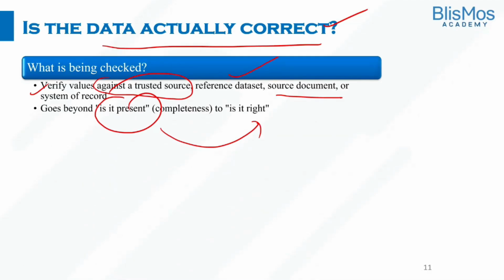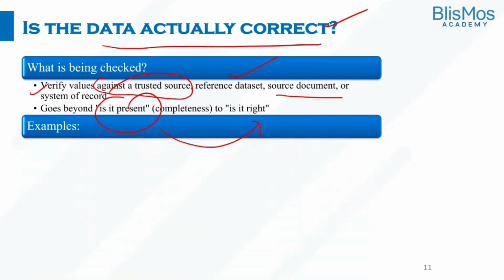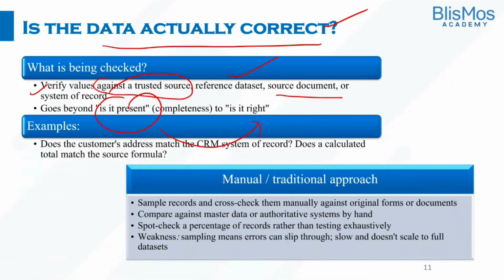So how do you really validate the data accuracy? Manually. Traditionally, accuracy testing relies heavily on sampling the records and also manual comparison. A tester may pick sample records, compare them with source documents or the system of record, or manually validate them against the master data.